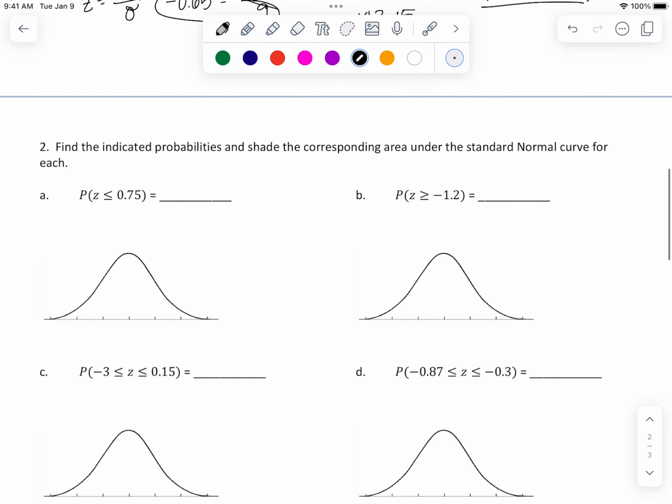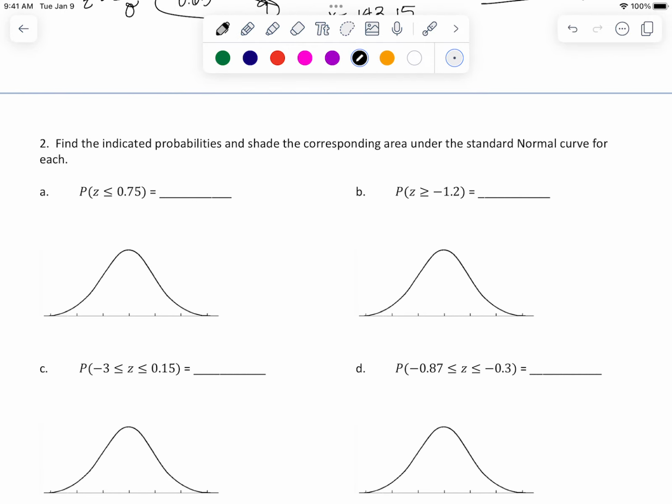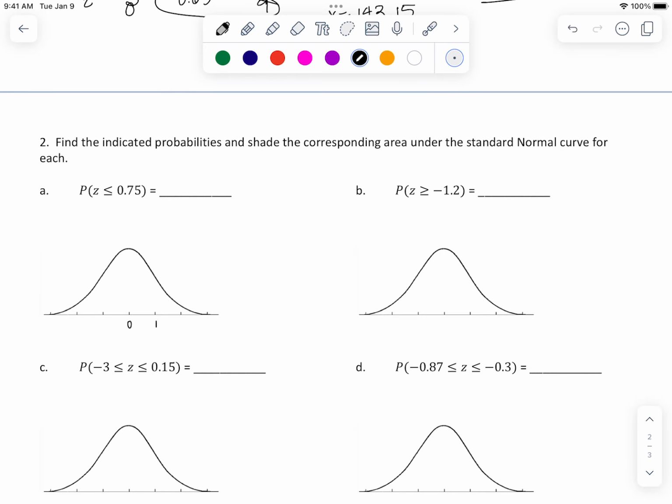All right, for our next section, we're finding the indicated probabilities and shading the corresponding area under the standard normal curve. So for A, probability z is less than or equal to 0.75. So remember, standard normal distribution is centered at 0. We count out, here's 1. So z is less than or equal to 0.75 is right here.